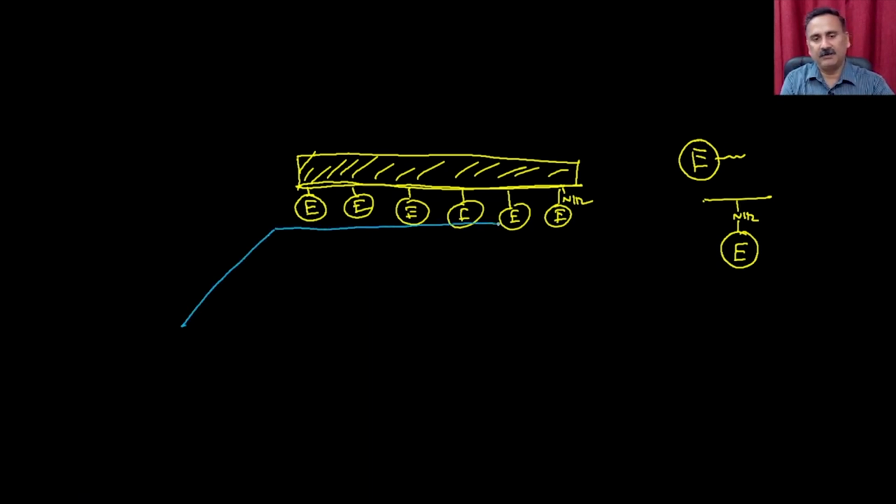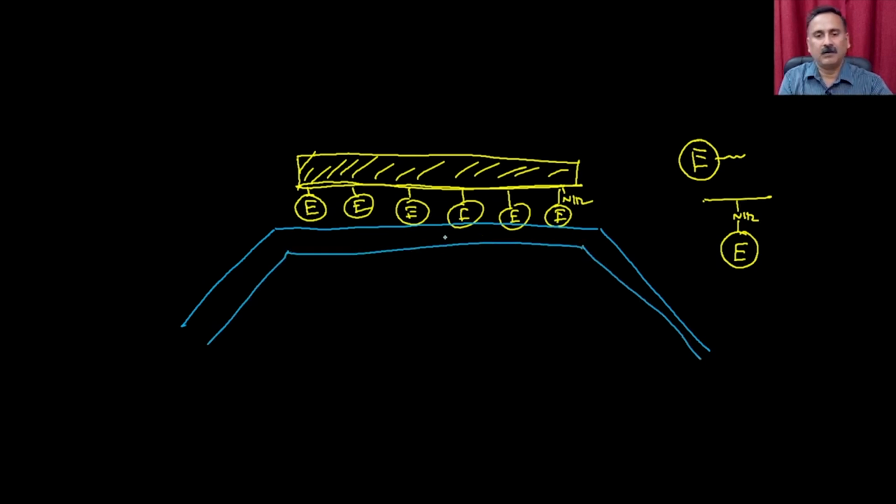I can have the microchannel like this, and in this microchannel I can flow the liquid. So this can go like this. It will cover the metal surface also. So I can have the metal surface through which I can flow the liquids. And below this I can have the light source.